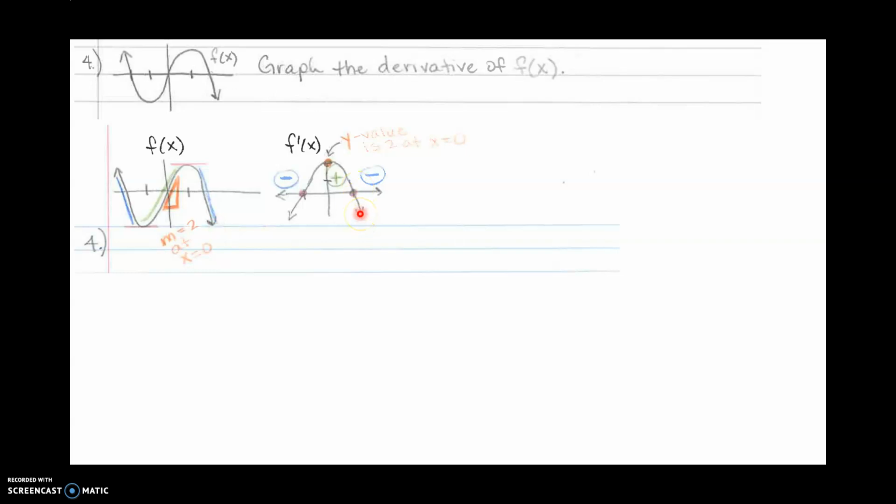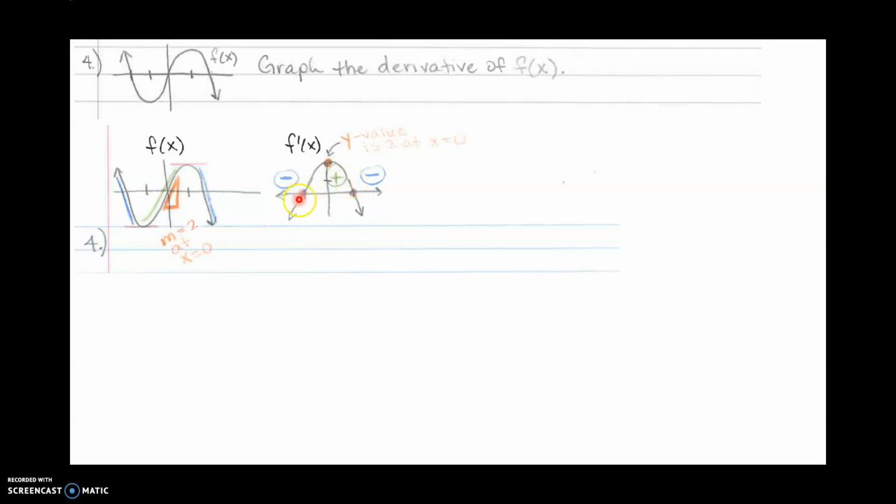All right, so what I know is that at -1, I changed from decreasing to increasing. So at -1, I changed from negative to positive. Then at +1, I changed from increasing to decreasing. So at +1, I changed from positive to negative.